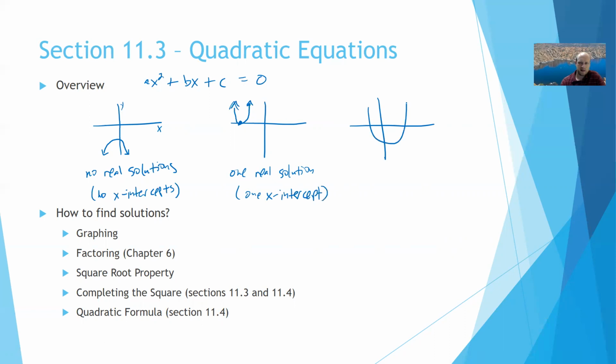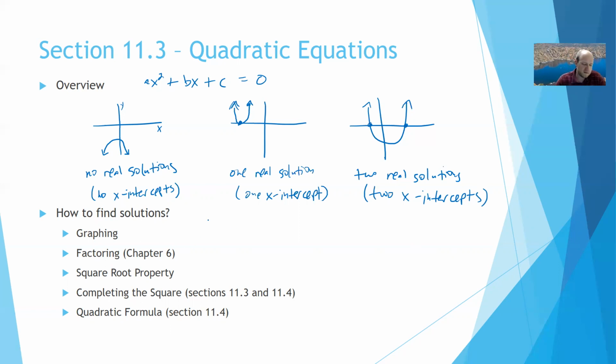And then a function like this is going to have two real solutions. And again, why is that? Because it crosses the x-axis at two different points. So it has two x-intercepts. X-intercepts, again, are just points where a function or a line crosses the x-axis.